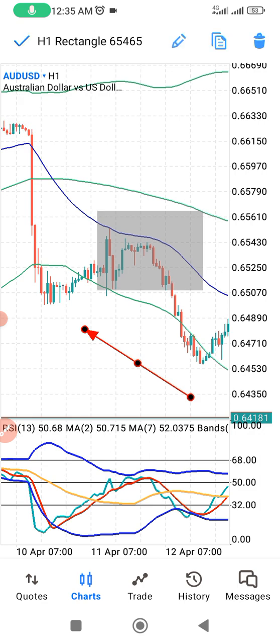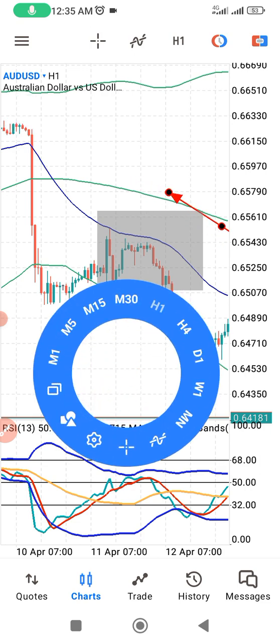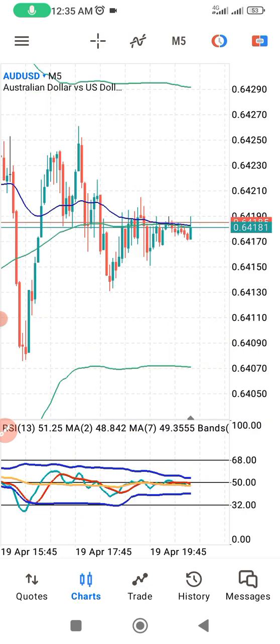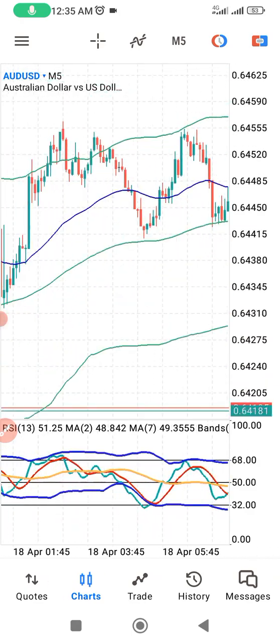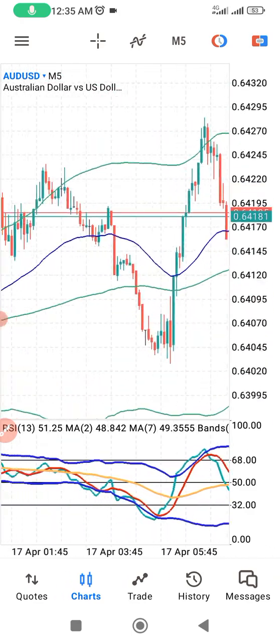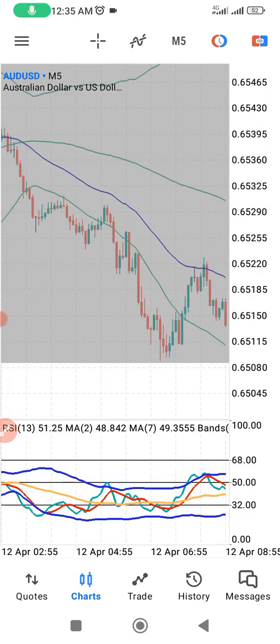Here in this zone we have this pullback, so the pullback is either to EMA 50 or to our middle Bollinger Band. So now what next? We move to our M5 time frame. Remember, we are looking for a sell entry because we just confirmed a downtrend market direction.